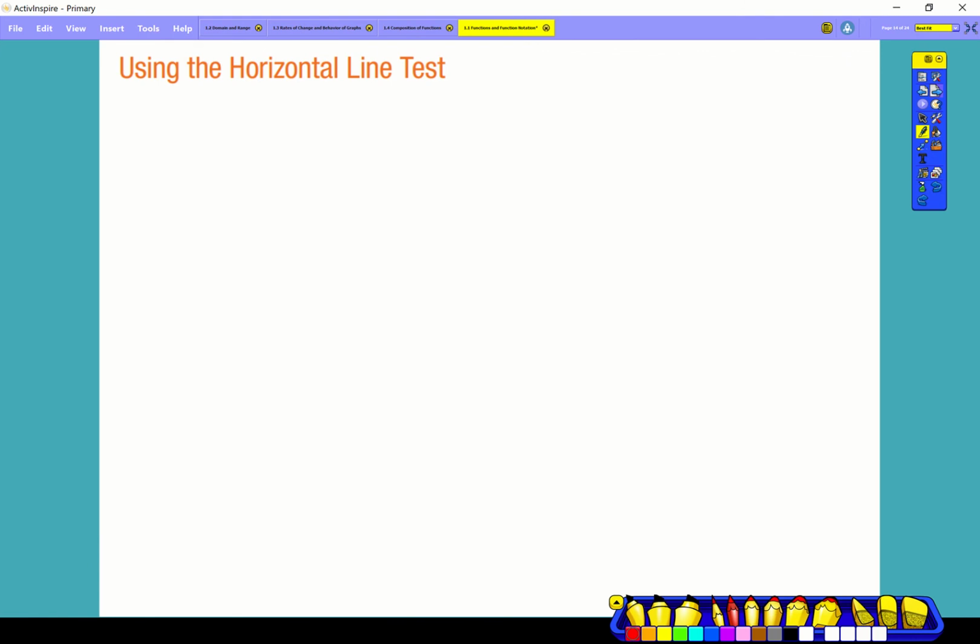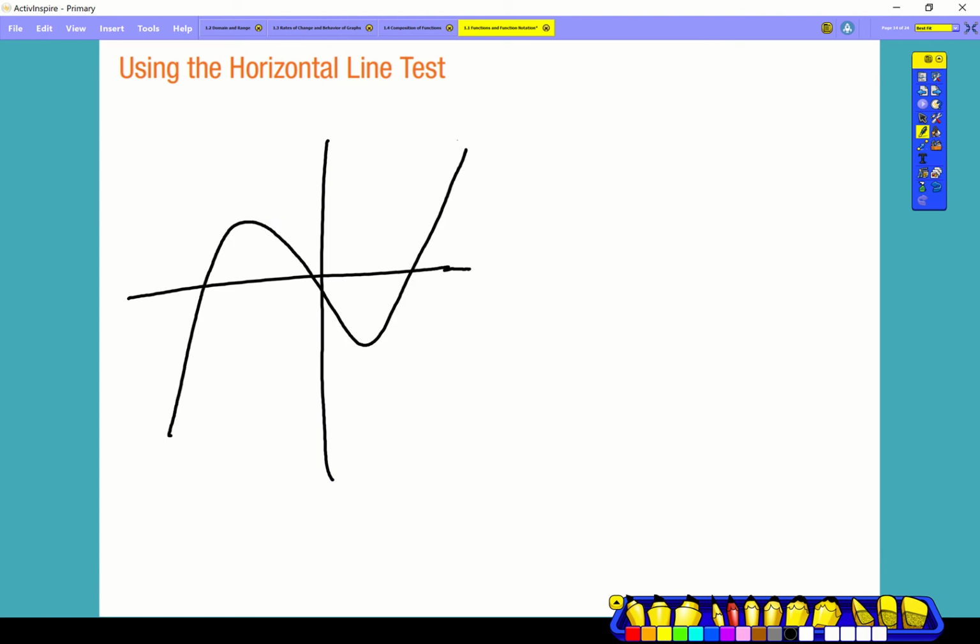What about the horizontal line test? Well, let's have a look at this bad boy, the one from last time. It is a function, right? So the horizontal line test tells you, is it 1-to-1?